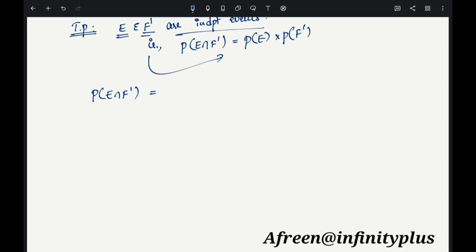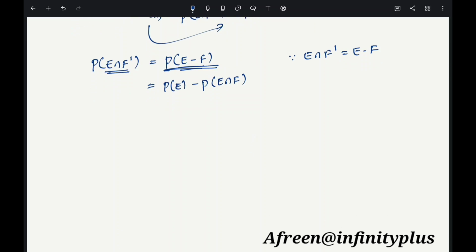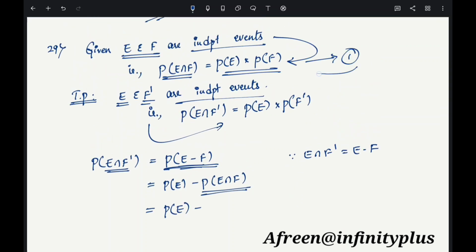We know that P of E intersection F dash can be written as P of E minus F. In simple words, E intersection F dash is equal to E minus F. So this can also be written as P of E minus P of E intersection F, which is equal to P of E as it is, minus, we know that P of E intersection F, from equation 1, this one.